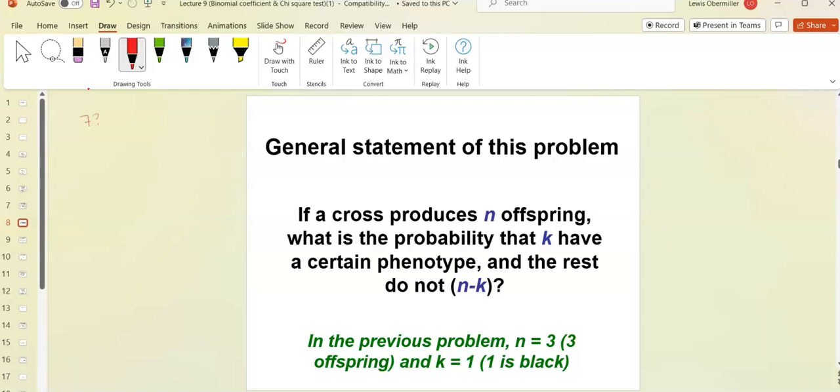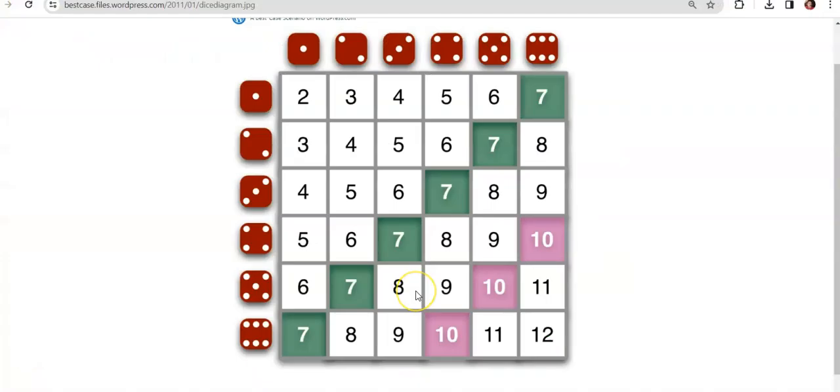Just like the two, there's only one way to get a two, but there's multiple ways to get a seven on dice. You could get a one and a six. Two, three, four, five. What is going on with my tablet? It is not like my hand is on it. Okay, so we could get a one or a six. You know what? I'm just gonna pull up a probability sheet for this.